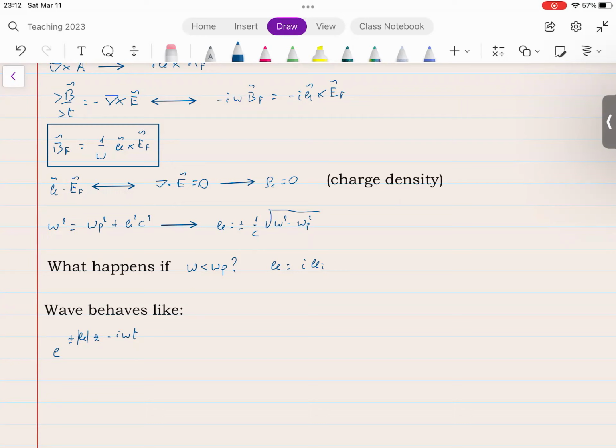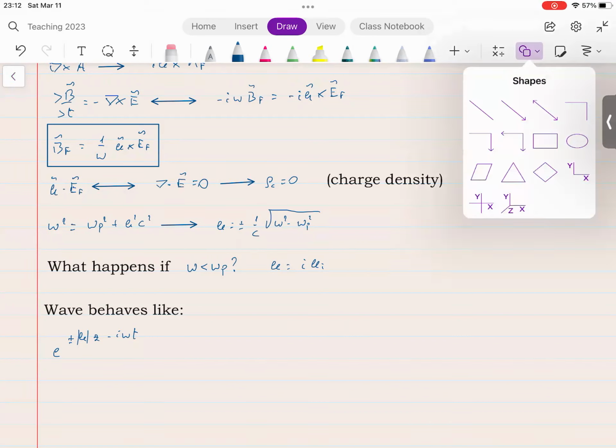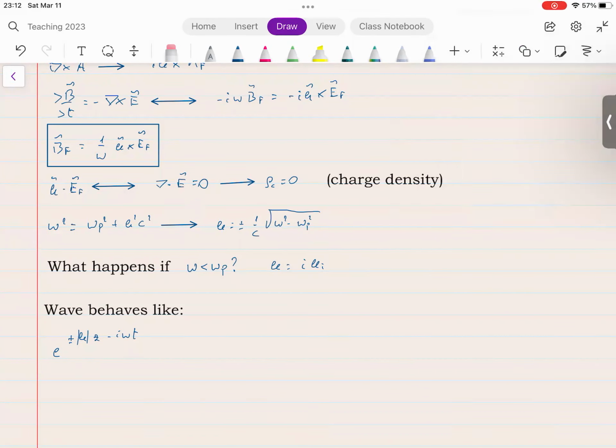What is happening is that the wave will not oscillate as it travels to the region where the plasma frequency is larger than the frequency of the wave.